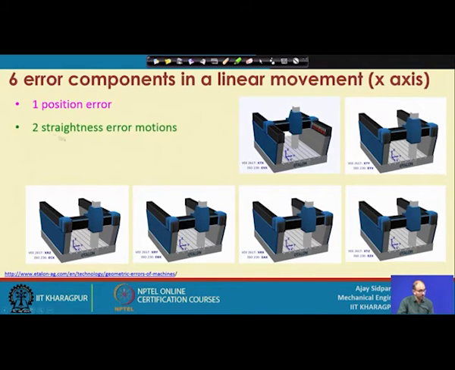Now, second is the straightness error. What are the straightness errors? Because we know that we have 3 axes perpendicular to each other. So, one straightness error is, you consider this is an error in the y direction. Now what is going to happen is that you will get all the y lines the same, this particular red color and the white color same, but here this particular movement is in the x axis, but it will actually move in the y axis also.